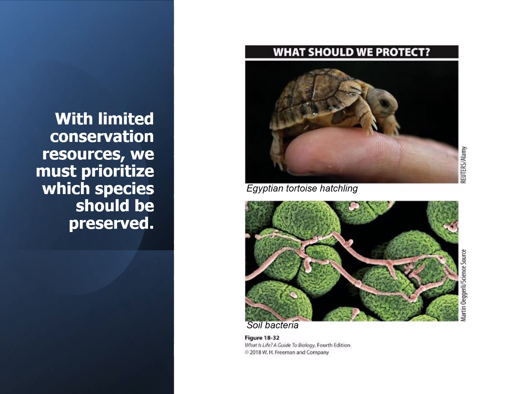Now, if we were in person, I would ask you guys between the absolutely most adorable baby angel of an Egyptian tortoise hatchling and a bacteria found in soil, if you knew that both of these species were at risk but we could only save one, which one would you save?